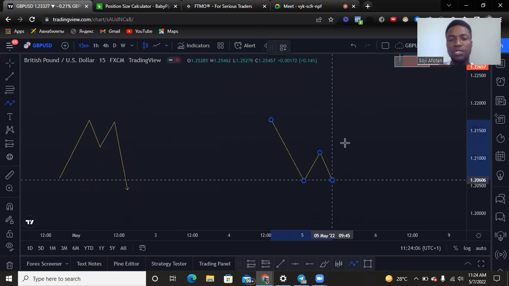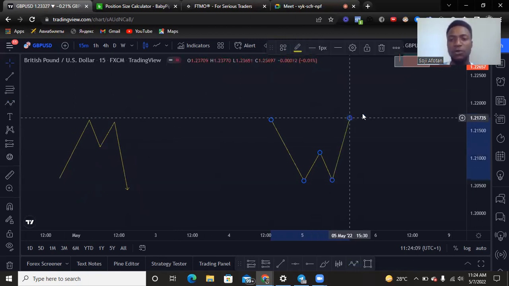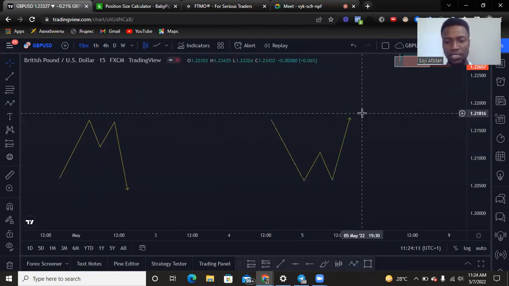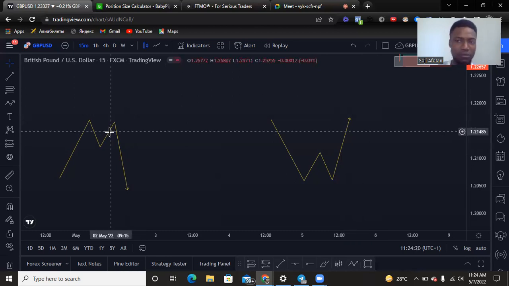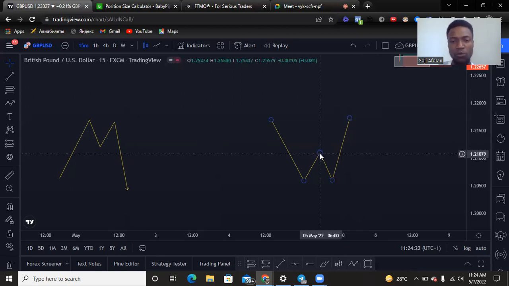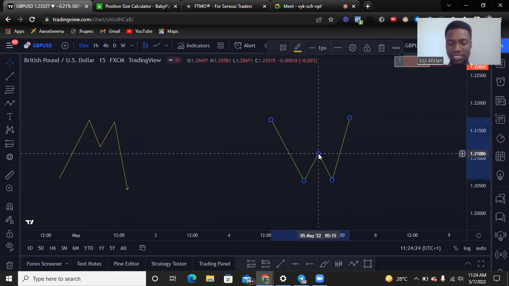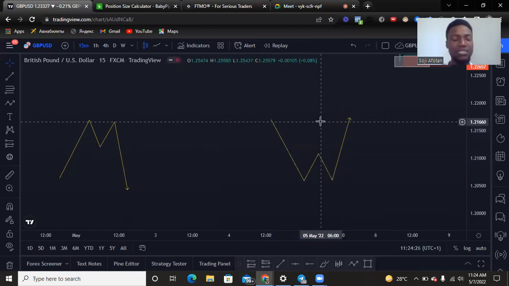Now there's one thing you need to understand about these chart patterns. When you start seeing them on your chart, they are not going to be picture clear as I just drew them right now. You could see this one is picture clear, perfect. But when you start seeing them in a live market, they won't be picture clear like this.